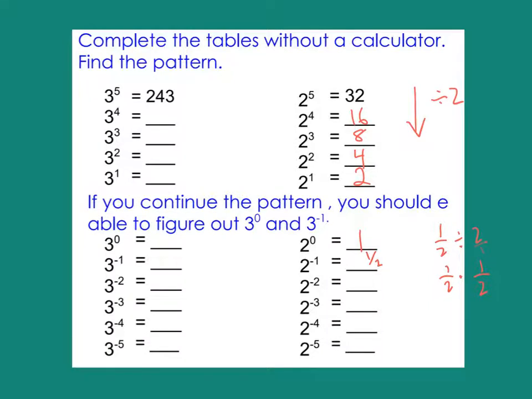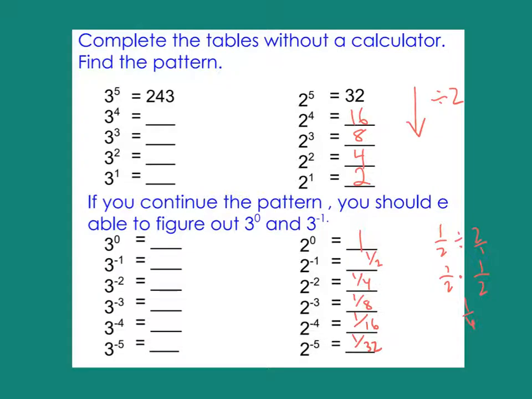We multiply by the reciprocal, which is going to be 1/4. So now I've got 1/4. And then if I multiply that by 1/2, I'm going to get 1/8. And you can see from up at the top that these numbers are all showing up in the denominator at this point. So I guess 2 to the negative fourth is 1 over 16, and 2 to the negative fifth is 1 over 32.